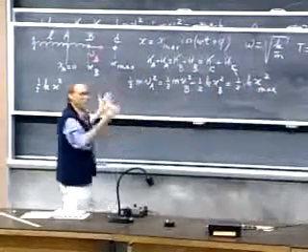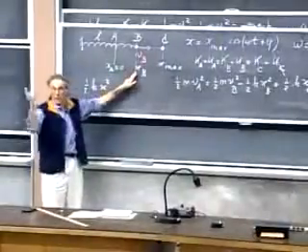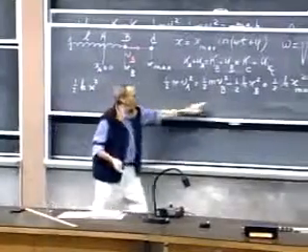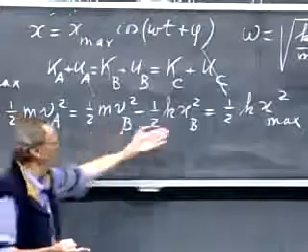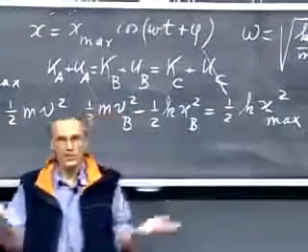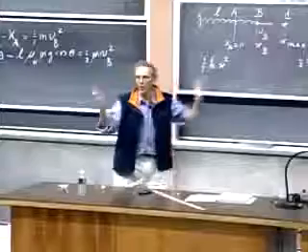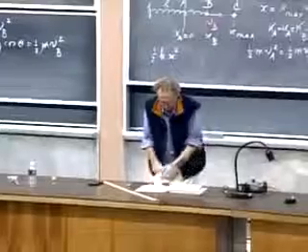And you are in business. If I tell you where the object is, with the pendulum I gave you the initial angle, theta 0, you know x of B. I tell you what speed I gave it, so you know this one. You can calculate what the maximum displacement is. Exactly the same idea. And if you want to apply the work energy theorem, of course, you will get exactly the same result. This is in fact the same thing.